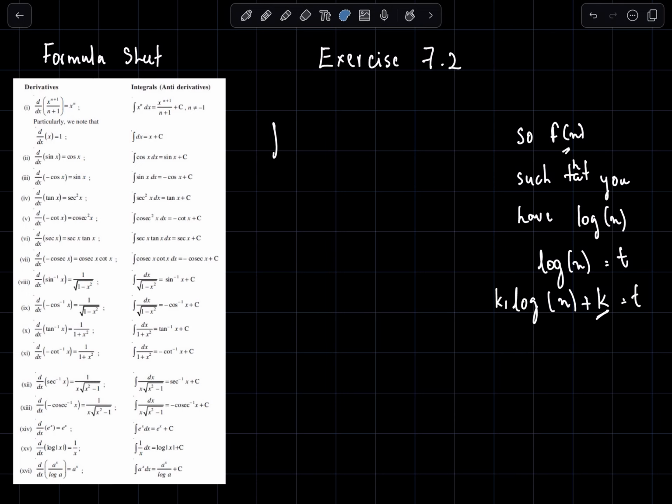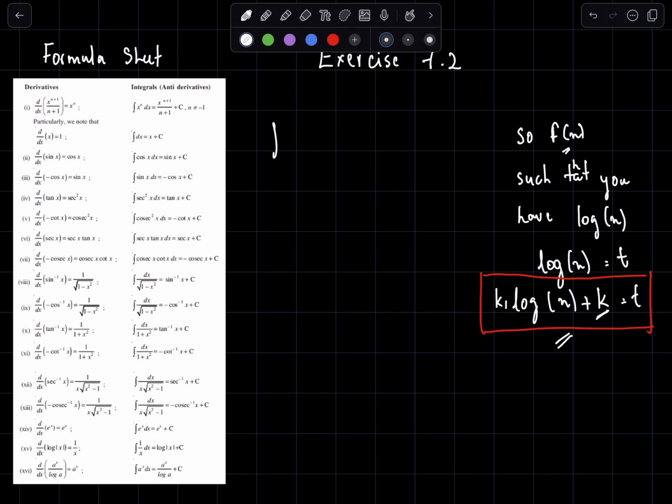So remember this rule. This is very important. We're going to be applying this over here. And why is that? Because when we differentiate this, k1 comes out because it's a constant. The differential of log of x is 1 over x, correct? And this constant goes to 0. So plus 0 times d of x is equal to dt.